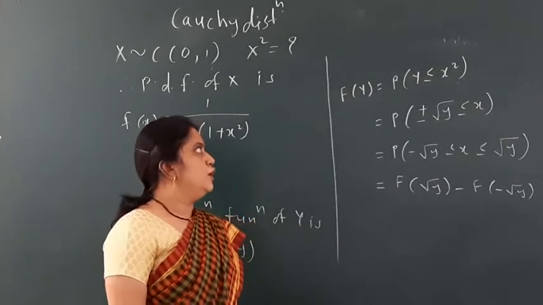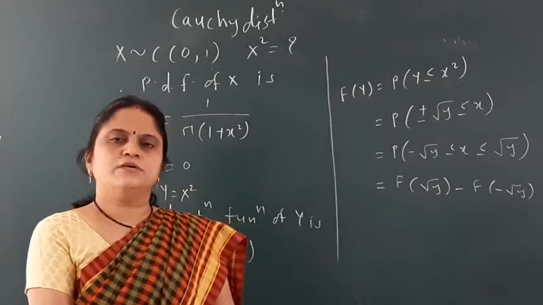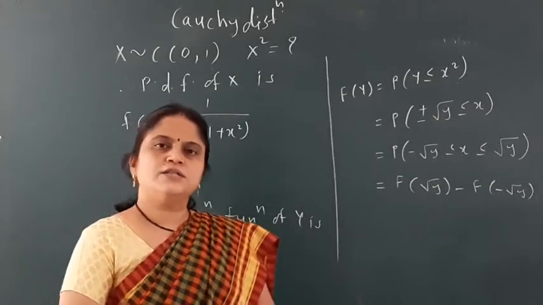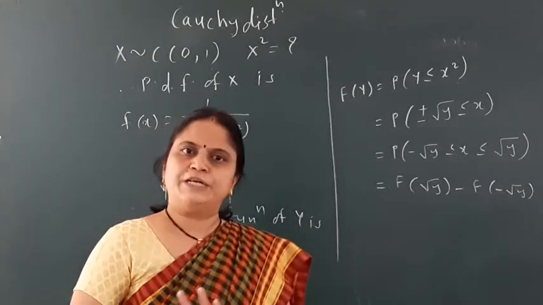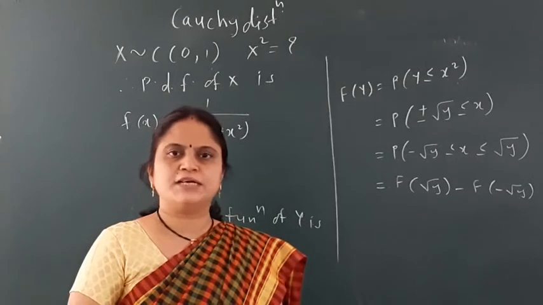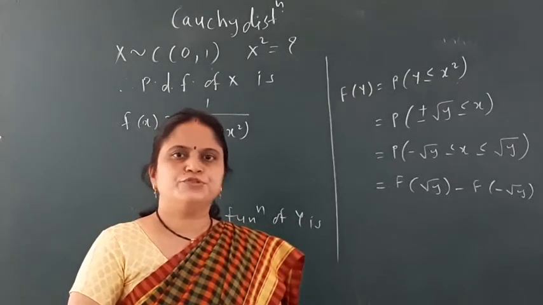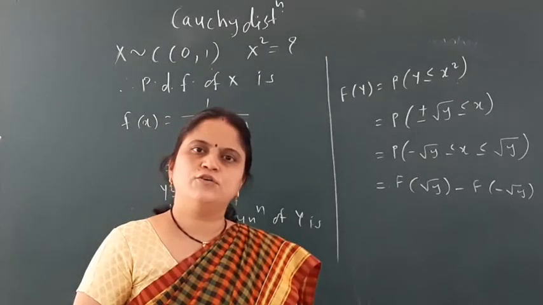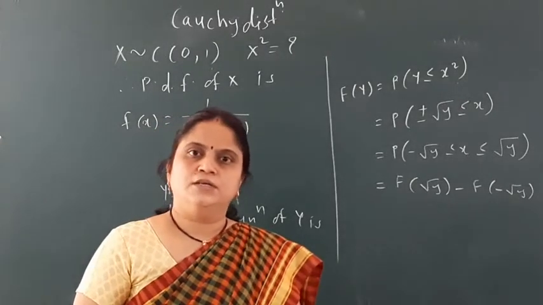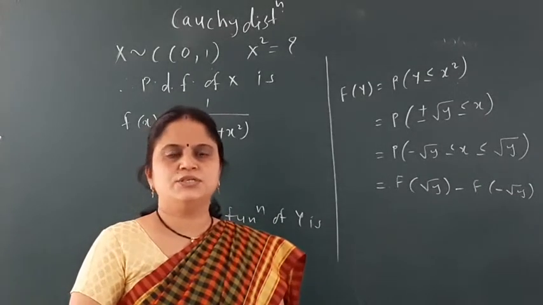Now we know that the distribution function is nothing but the integration of the PDF. After integrating the PDF from minus infinity to x, we get the distribution function. So from the distribution function I can also find the PDF. How can we find it? The inverse of integration is derivative.